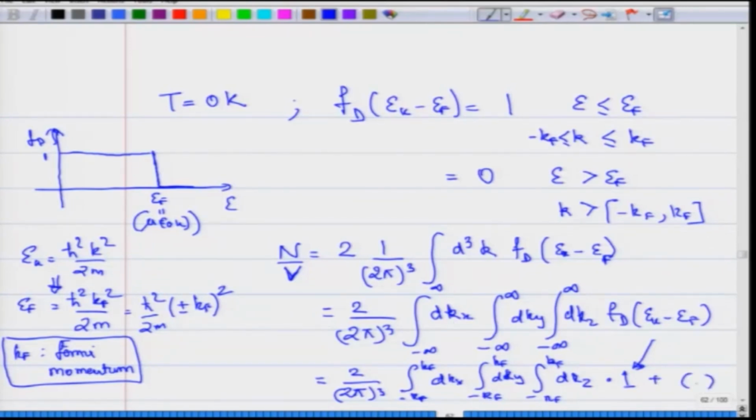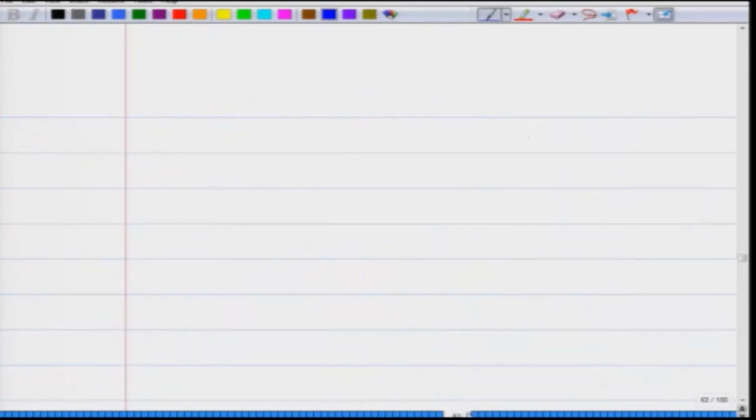So, the other term is going to be 0. For anything outside this range, these integrals will be 0 because this quantity becomes 0. So, then it is again n by V, the density of electrons in the solid.